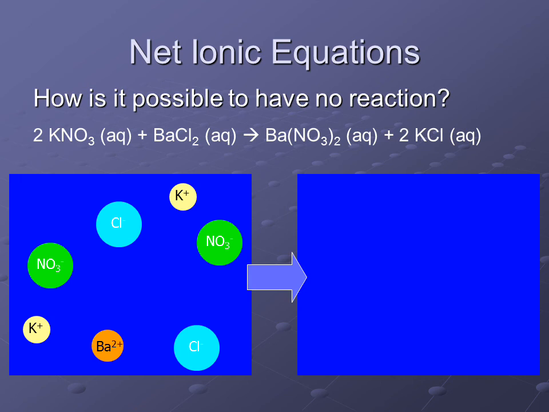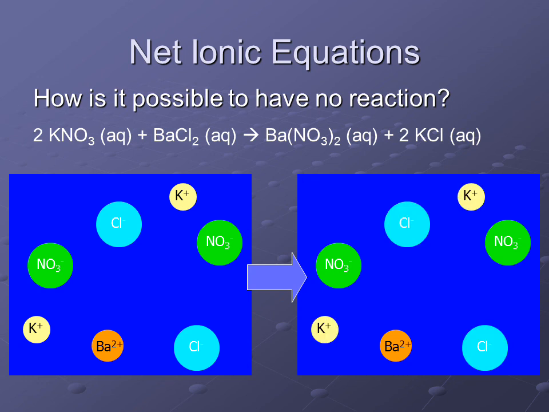Afterwards, you have barium nitrate, which is actually in the form of barium ions and nitrate ions. You also have potassium chloride, which is in the form of potassium ions and chloride ions. Now, look at the two blue boxes. They're the same. Nothing changed. No change occurs. And since no chemical change occurs, that means we have no reaction.